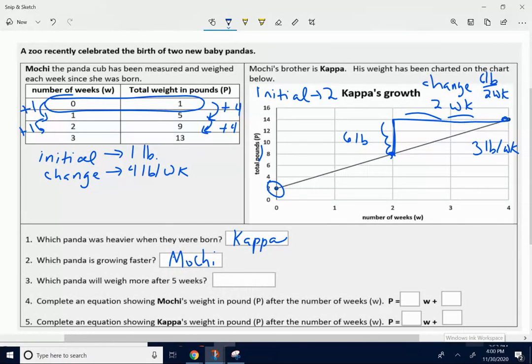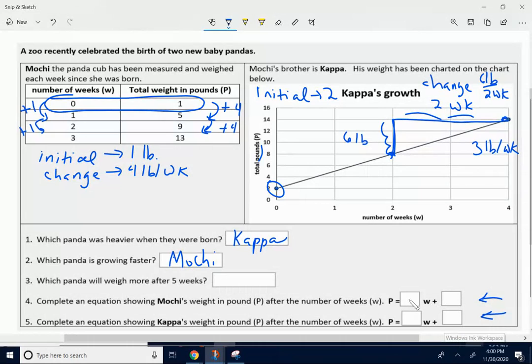If you want to know which panda will weigh more at 5 weeks, you could first work with your equation. You may not have thought to do it this way, but instead of P, we're using P for pounds, and instead of X, we're using W for weeks. So Moki's equation, P equals slope times W plus y-intercept.